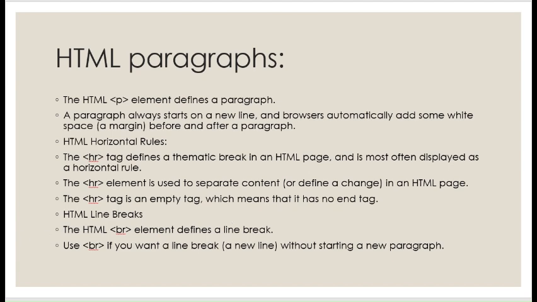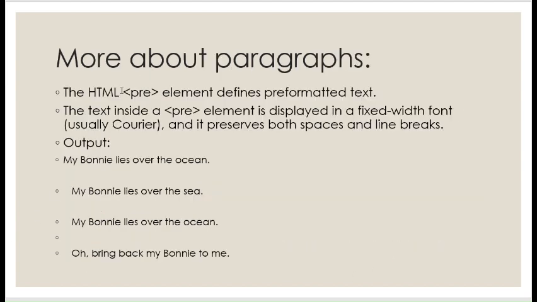The HTML pre element defines pre-formatted text. The text inside a pre element is displayed in a fixed width font, usually Courier, and it preserves both spaces and line breaks. So the code will be simply doctype HTML, body, and then pre, and the sections are divided equally.